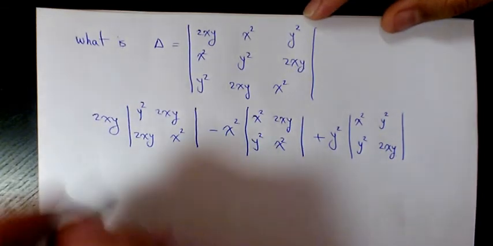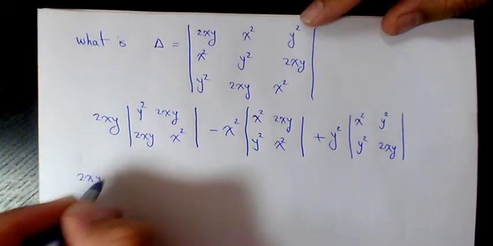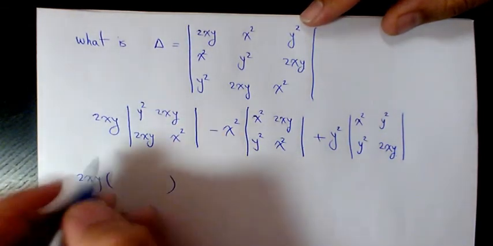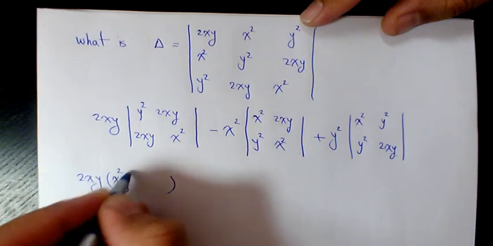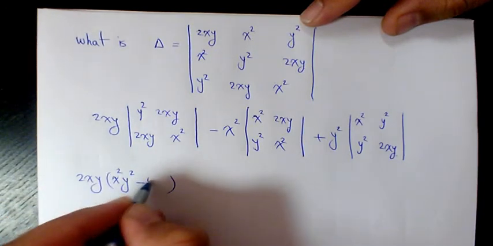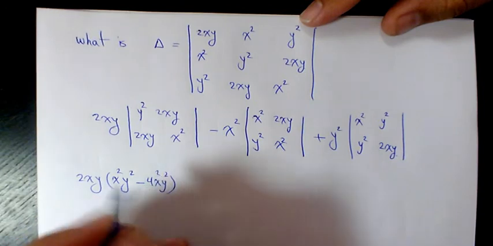Then we have 2xy times y squared times x squared, so we have x squared y squared minus 4x squared y squared.